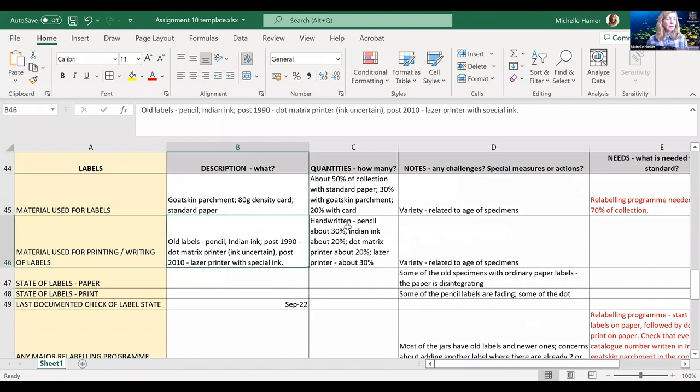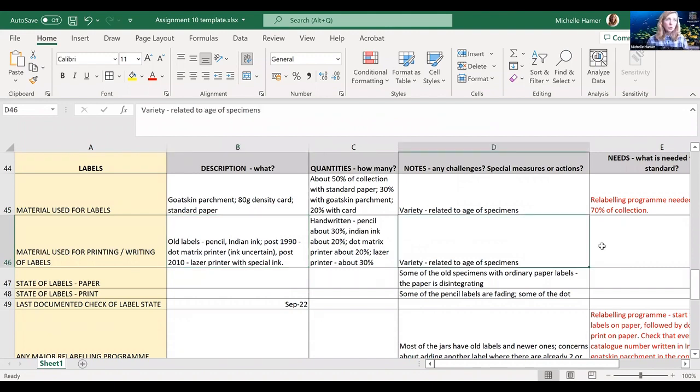And write whatever you can here in the notes column. And your needs, it might be that your whole collection needs to be relabeled using proper quality material like goatskin parchment and special ink that won't fade or dilute.